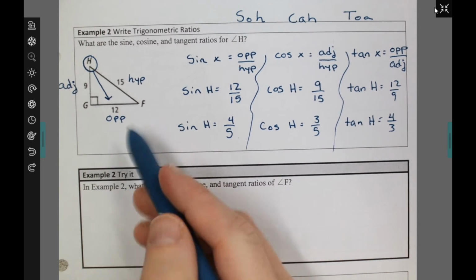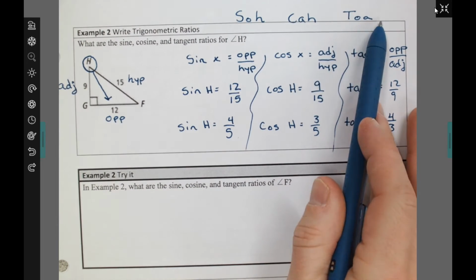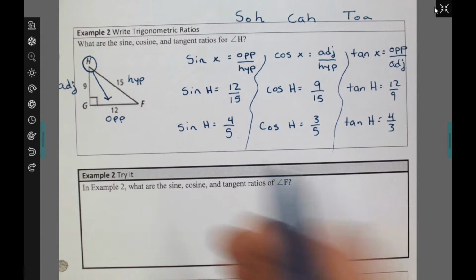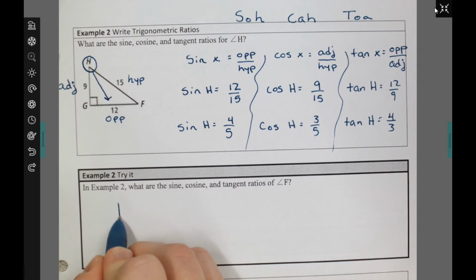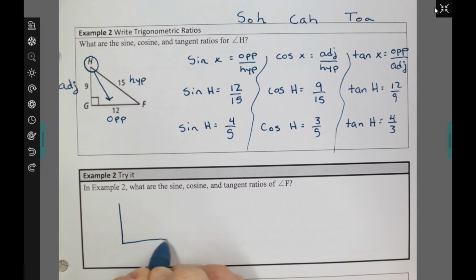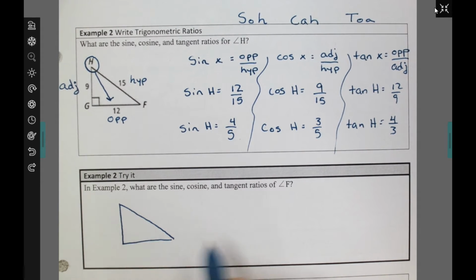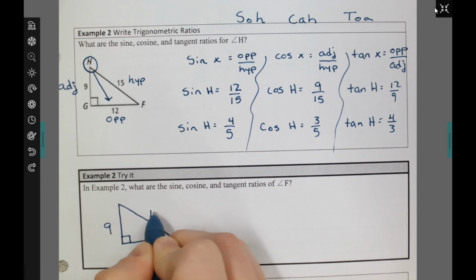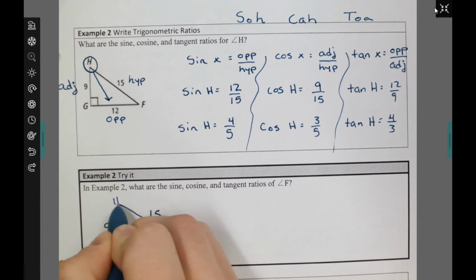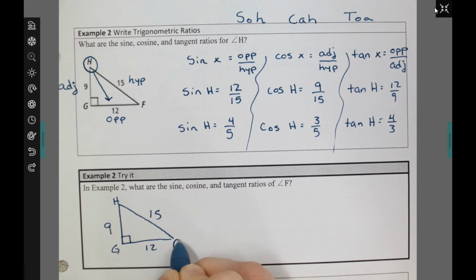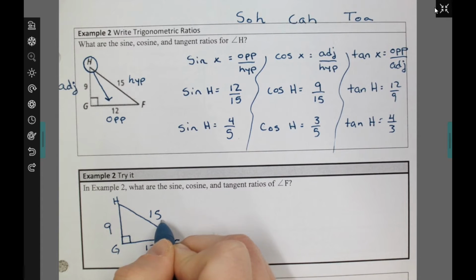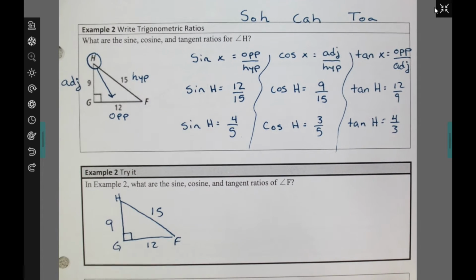As soon as you have all three sides labeled, we go to SOHCAHTOA and start making our ratios, our fractions. On example 2, you're dealing with the same triangle, but instead of angle H, they want you to deal with angle F. You'd have to go to angle F, label all your sides. The hypotenuse will still be the same, but our opposites and adjacents will change.